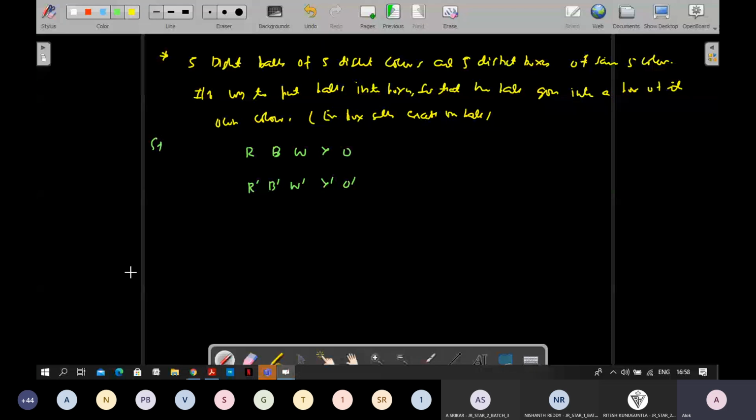In how many ways can it happen that each box gets only one ball, and R does not go to R prime? So no ball goes into a box of its own color. That is simple, that is just D5, no calculation to be done. We have already done the formula, and D5 is 44. So the number of ways is 44. So this is one, we do this kind of thing. Okay, so we will do the rest tomorrow now.